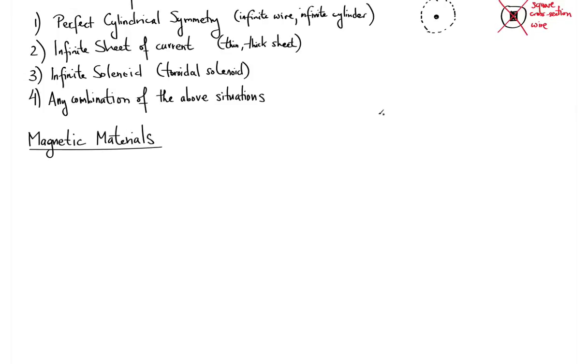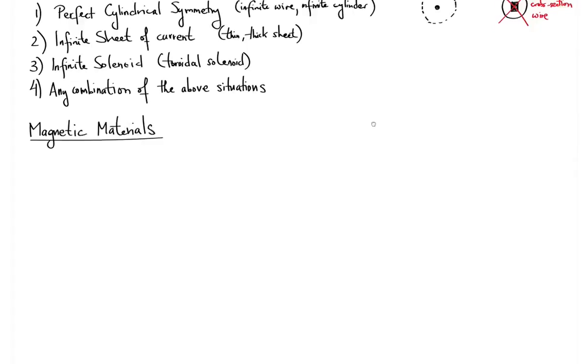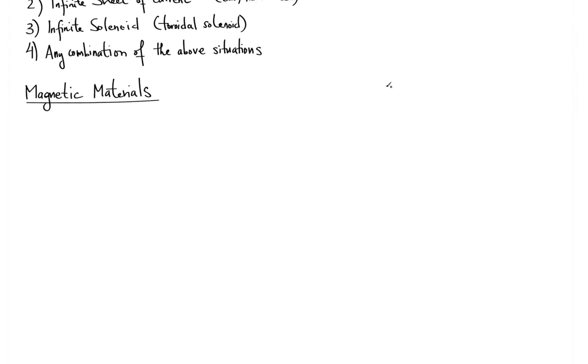and that bar magnet is called a ferromagnet. So there are actually various classes of magnetic materials. Some of them are analogous to dielectrics. When we learned about electric fields and capacitors, we said we can increase the capacitance of a capacitor by shoving this material called a dielectric in between our parallel plate capacitor.